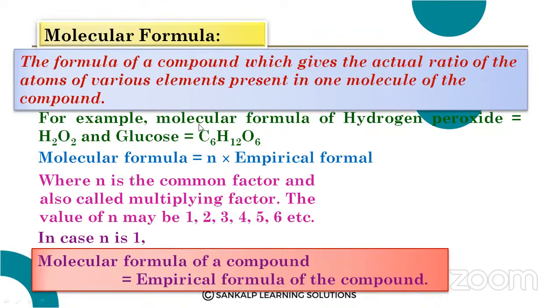So this was about empirical formula. You know what empirical formula is: it gives you the simplest whole number ratio. Whenever a particular formula is given, you have to take out its common factor. The common factor can be 1, 2, 3, 4, 5, 6, etc. Any common factor you have to take out.